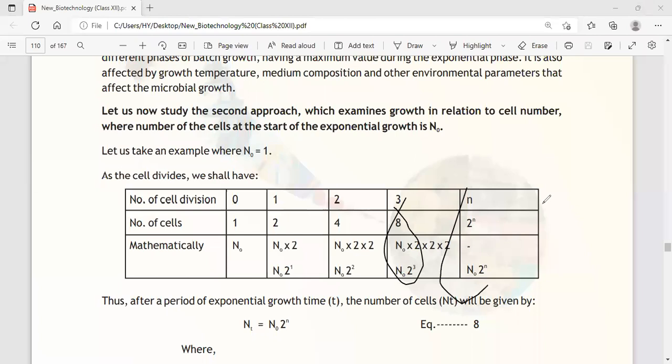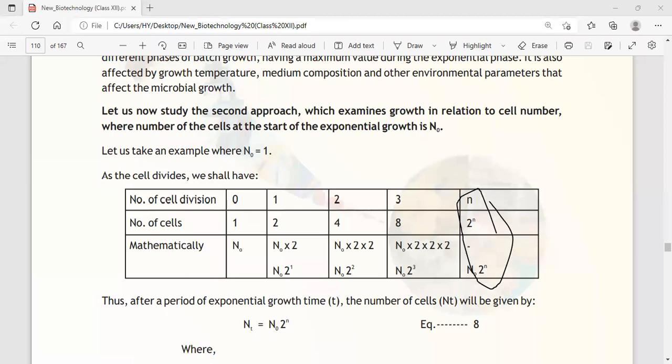N0 into 2 to the power n is the formula for the number of cells in the nth division. nth division पे कितने cells होंगे वो इस फॉर्मूले से पता चल जाएगा. जब n नंबर का डिवीजन होगा तो N0 जो सेल्स थे इनिशियली इंटू 2 to the power n उतने सेल्स हमें मिलेंगे. Nt is equal to N0 2 to the power n.